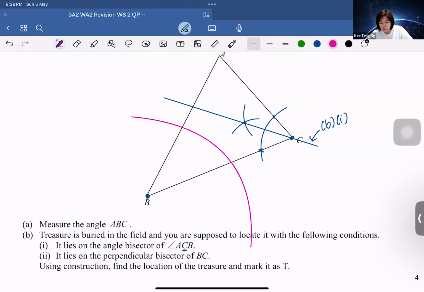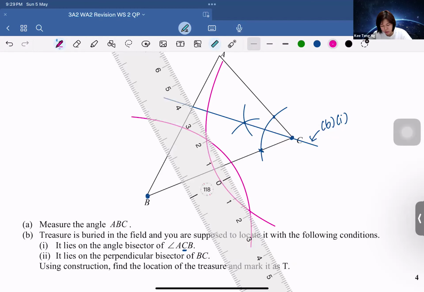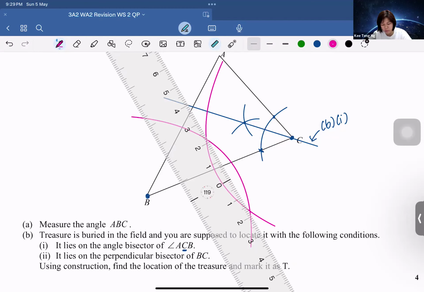Then also put the sharp point at C. So I will have one half of a cockroach and another half of a cockroach, something like that. My drawing may not be very accurate, because I think with the compass and the protractor, yours might be more accurate than mine.